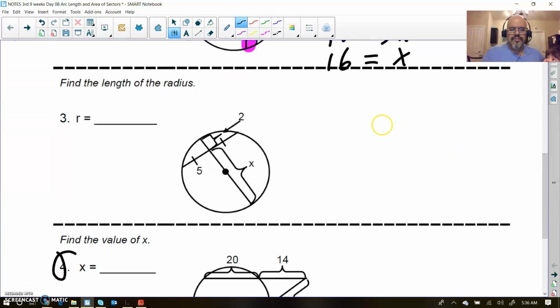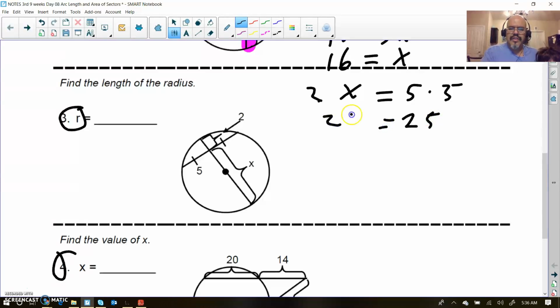This particular problem, same thing. So this is going to be 2 times x is equal to 5 times 5. But you'll notice they're asking for r, so we're going to be doing some work with that. So 25 is equal to 2x. Divide both sides by 2. That's going to be 12.5.